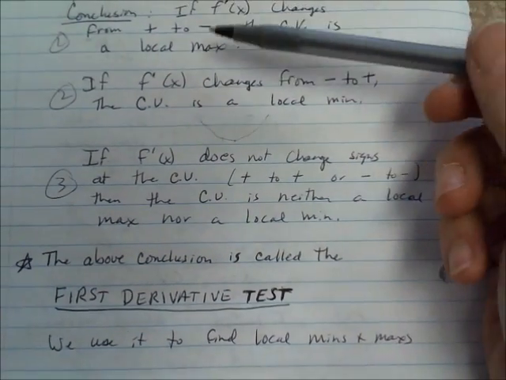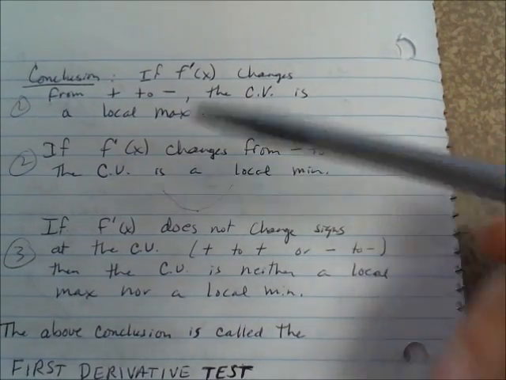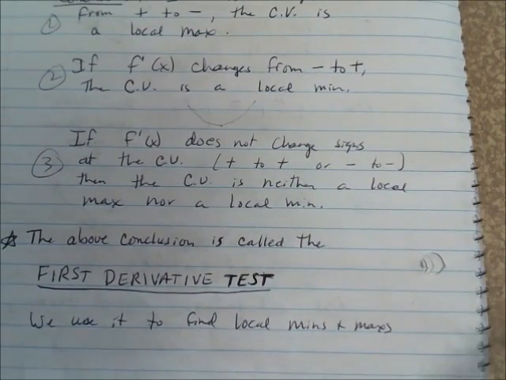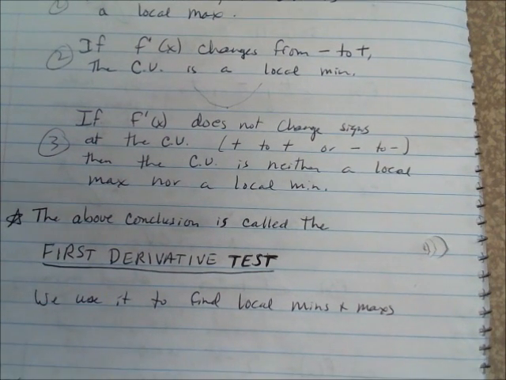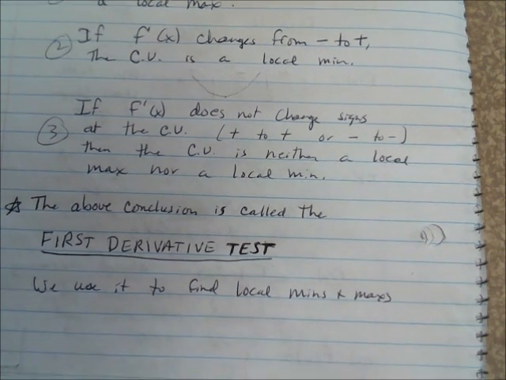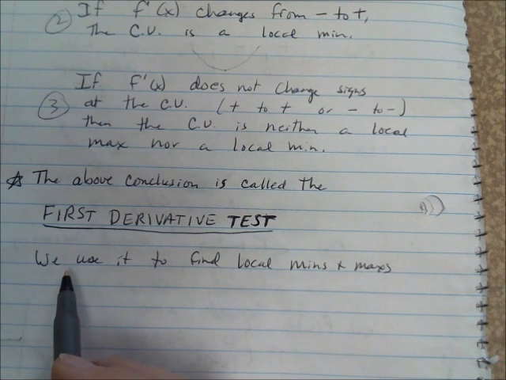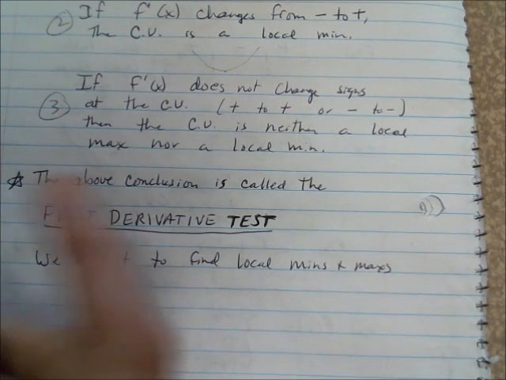Because if you can find where the f prime changes from plus to minus or minus to plus, then you can tell whether it's a local min or a local max. And you don't have to have a picture or a graph of the function that we're trying to find the local mins and maxes for. So we're just going to go through a couple of examples right now using the first derivative test.